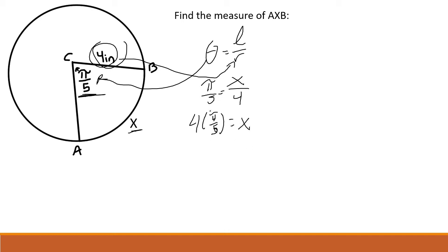That's it. Now, you can actually leave your answer like this, 4 pi over 5. That's called leaving your answer in terms of pi, because we can see the pi in the answer there. Right? Or you can actually multiply this out to get the decimals.